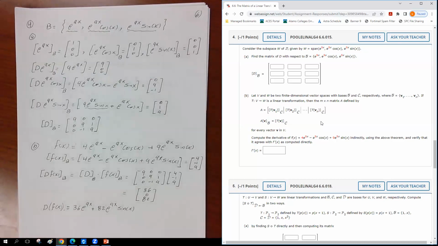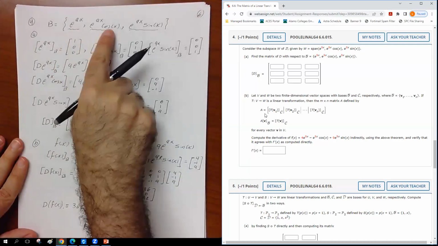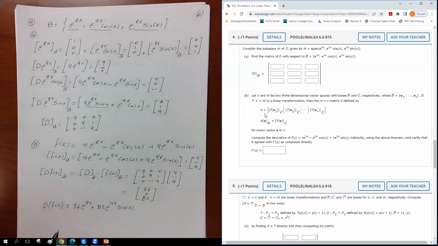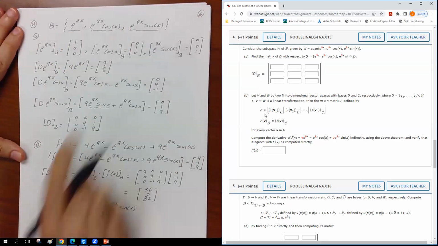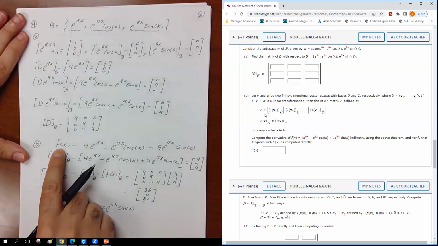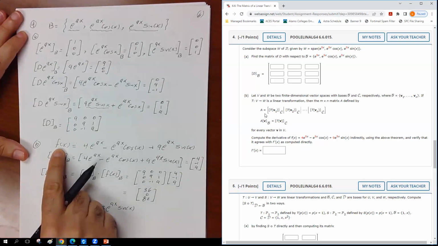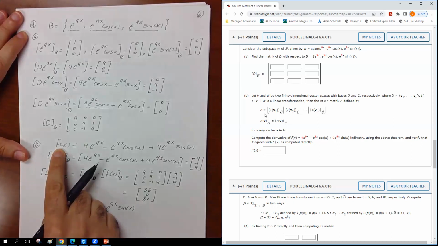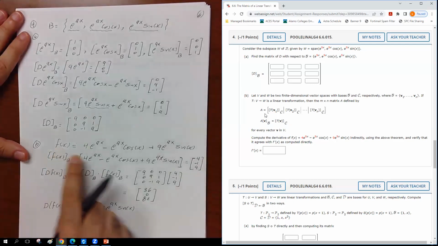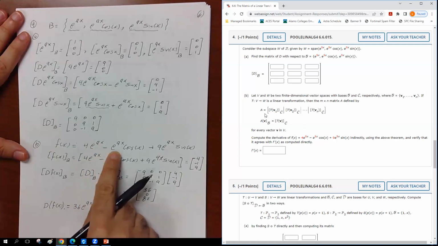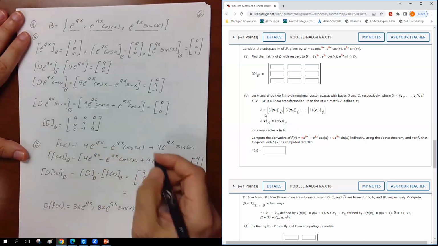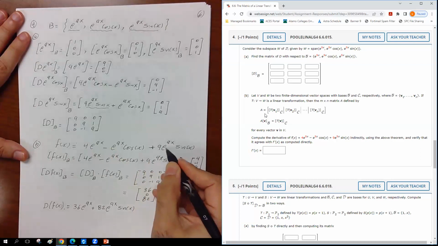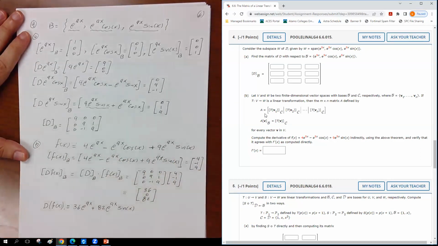Now, to go to the next part, we'll do exactly the same thing we did in example 1 and example 2. But keep in your mind, this is the type of your base. This looks like the first term, the second term, and the third term. So now our function f of x equals 4e to the 9x minus e to the 9x cosine x plus 9e 9x sine x, because they give you this function here.